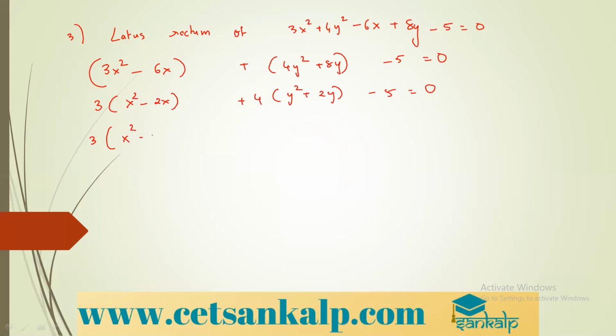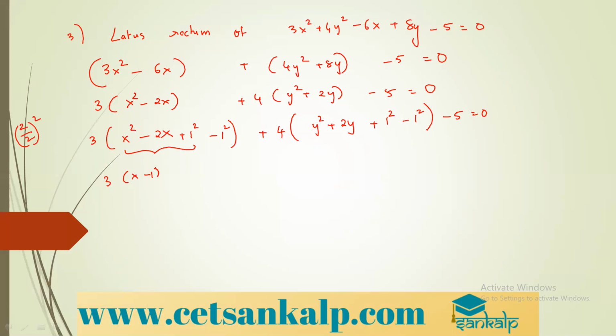Now, because I have 2, so I will take 2, divide by 2 and square it. So it is 1 square. That means I will add 1 square and subtract 1 square. 4 into, again I have y square plus 2y. So I will add 1 square, I will subtract 1 square, minus 5 equal to 0. So I can write this entire thing as x minus 1 whole square minus 3.